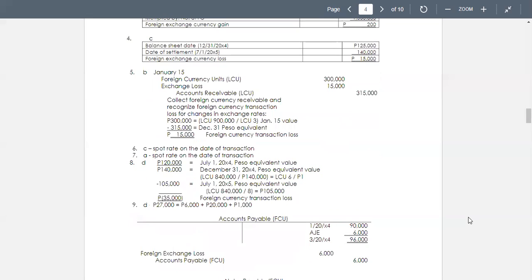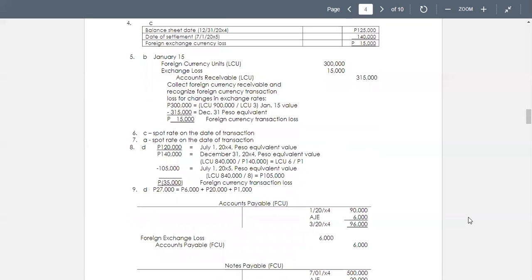So letter D is given to be 27,000. So if you have now the accounts payable T account, you have a credit of 90,000 on January 20x4. Then adjusting journal entry for 6,000. The March 20x4 balance of accounts payable is 96,000.